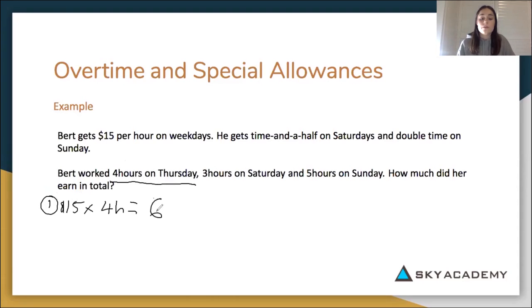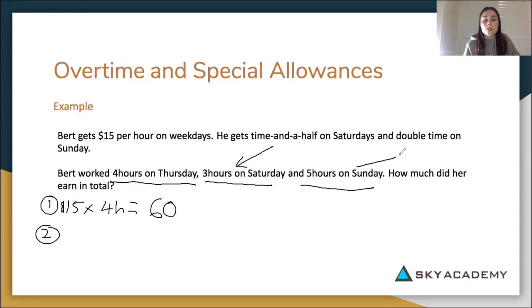My next step is going to be my extras. We work for 3 hours on Saturday, which is time and a half, and 5 hours on Sunday, which is double time. Let's have a look at our time and a half first. We have 3 hours times the normal pay rate, which is 15, times time and a half, which is 1.5. And that should give you $67.50.